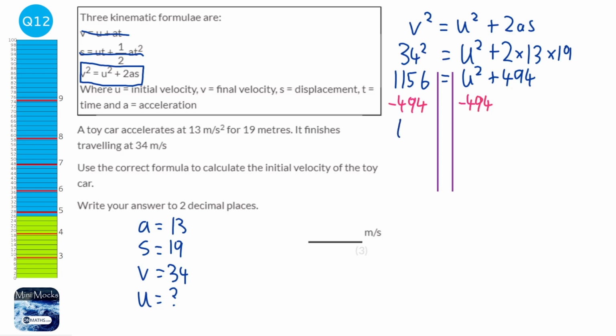And so we're left with 662 equals U squared. Then we're just going to square root both sides. And so the square root of that is going to be 25.729 and so on. And it says it wants two decimal places, so it's going to be 25.73.